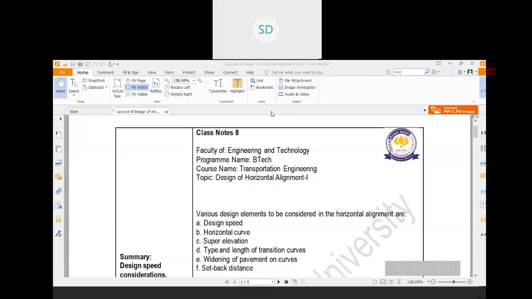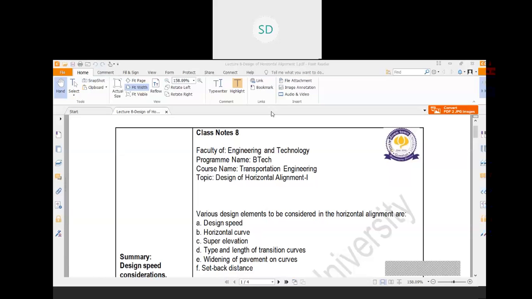So in the geometric design element, the first portion was sight distance element. So we have completed the sight distance element. Now we will start the design of horizontal alignment.